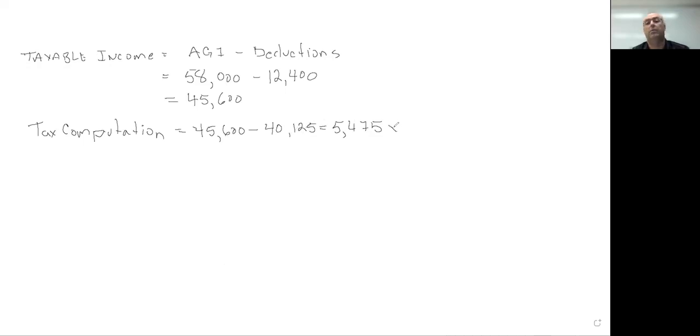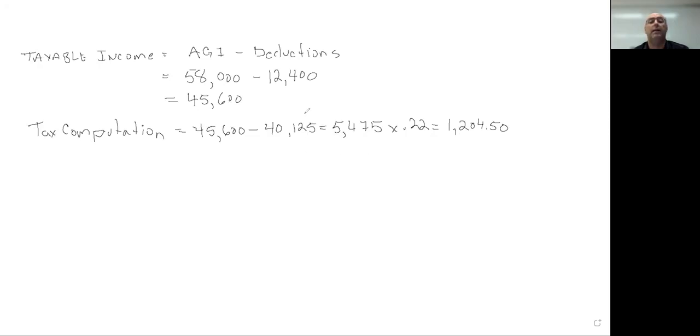Now we're going to multiply that by 22%, which we have changed to a decimal. And so that gives us $1,204.50. So that's her tax on her last little bit of her income.